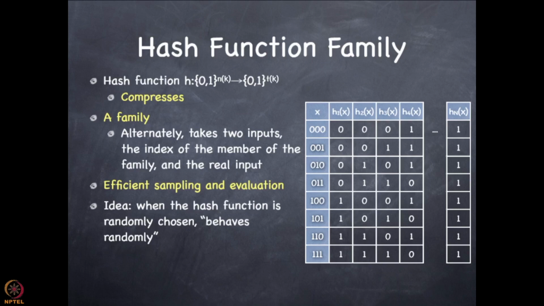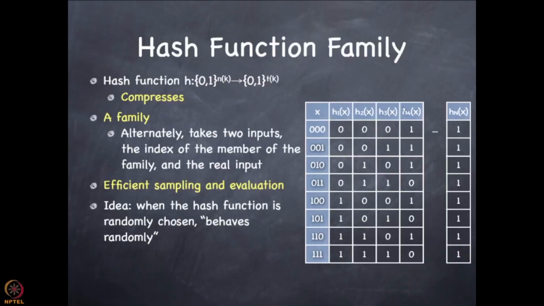And as I kept saying, the expectation from this hash function, to get all these properties like collision resistance, is that it behaves like a random function. So imagine this table had all the functions, every possible function, and then you're picking one at random.